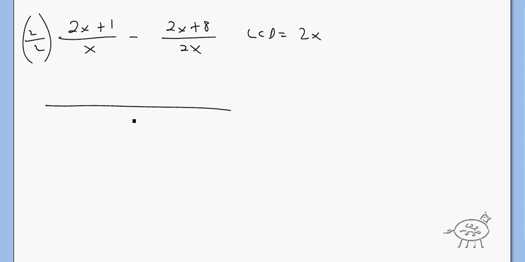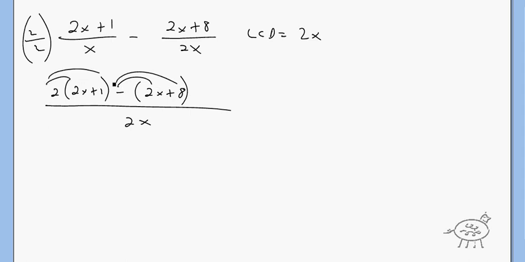So I'm going to put 2x on the bottom, and I get 2 parentheses 2x plus 1 minus, there's nothing there, so it's just 2x plus 8. But guys, you still have to distribute that negative and distribute that 2 there. So I get 4x plus 2 minus 2x minus 8 all over 2x.